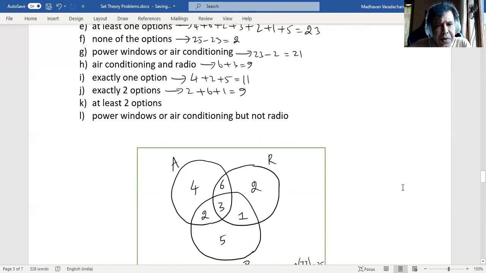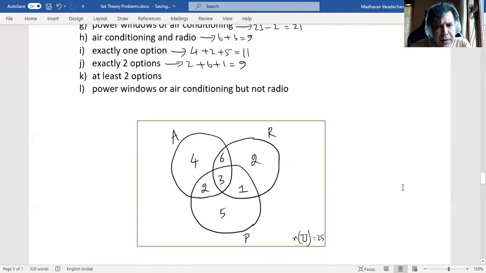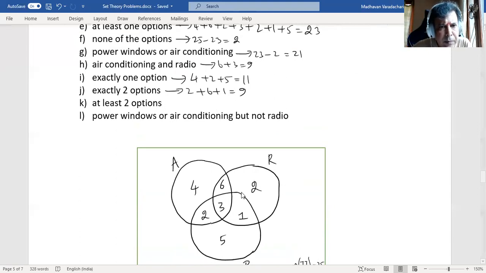At least two options. At least two options means the intersection of this versus this, means this 2 and 3, which is 5. And then this 3 and 1, so it is 4.